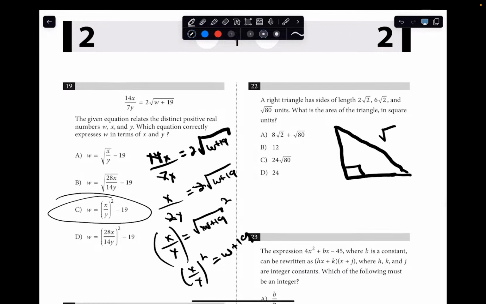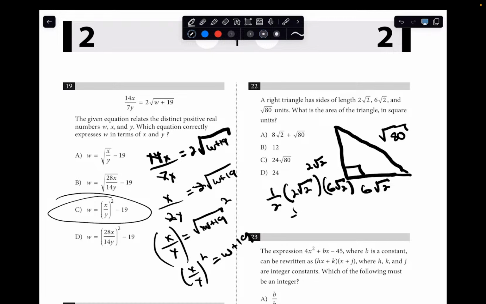What's the formula for area of a triangle? Yep. And that comes out to, well, you can actually simplify that, right? Because you can take like terms too. So I get 12 times 2, right? So 24 times 1/2. Is it 12? Let's see. Yep, it's 12.